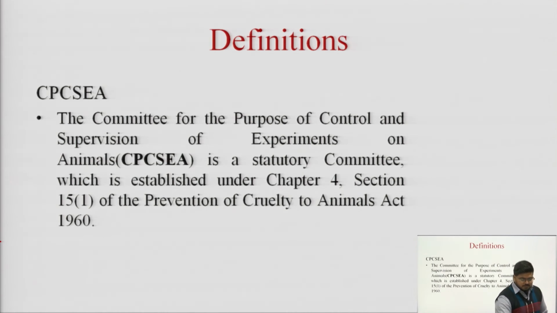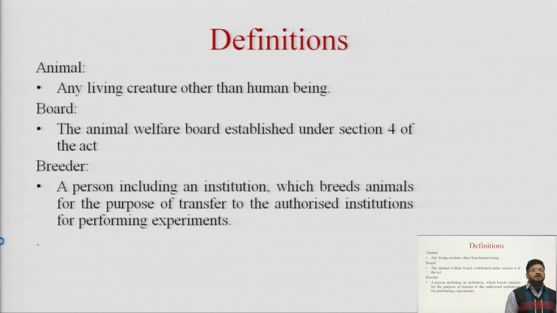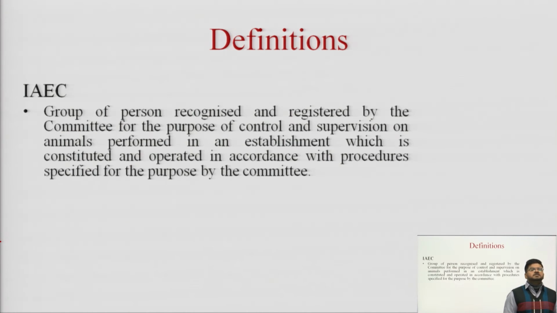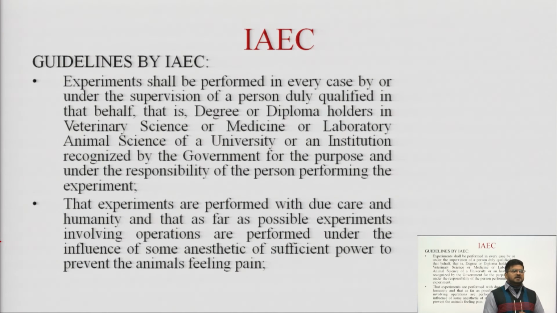So, these are the definitions which we have covered: animal, board, breeder, cruelty to animals, IAEC and CPCSEA. Under the Prevention of Cruelty to Animals Act, these are certain terms which we will be using repeatedly in the Act.